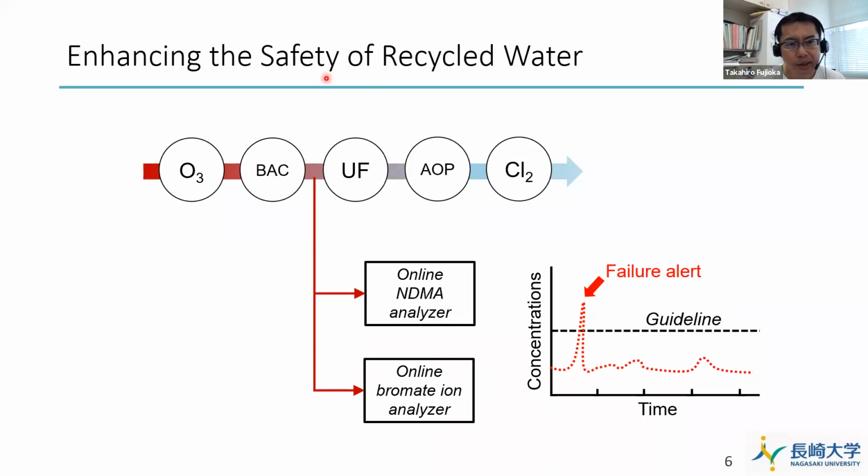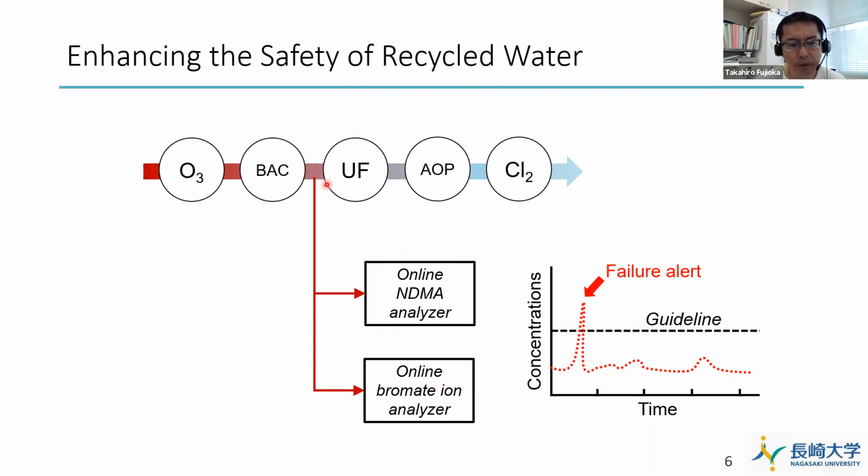To enhance the safety and reliability of the recycled water for potable reuse, we suggest two monitoring technologies. One is an online NDMA analyzer. The other one is an online bromate ion analyzer.